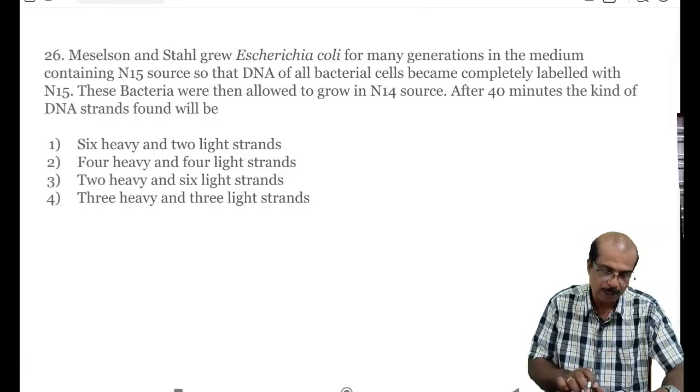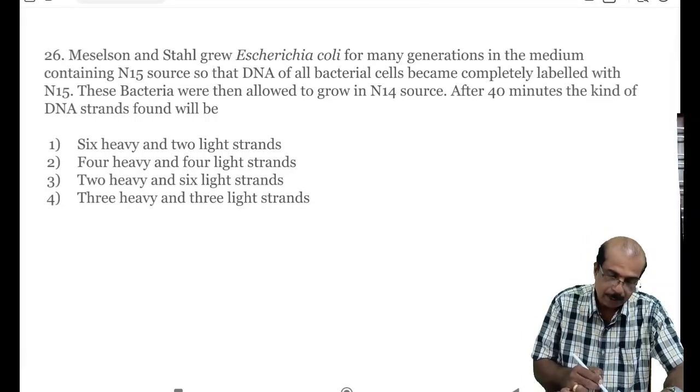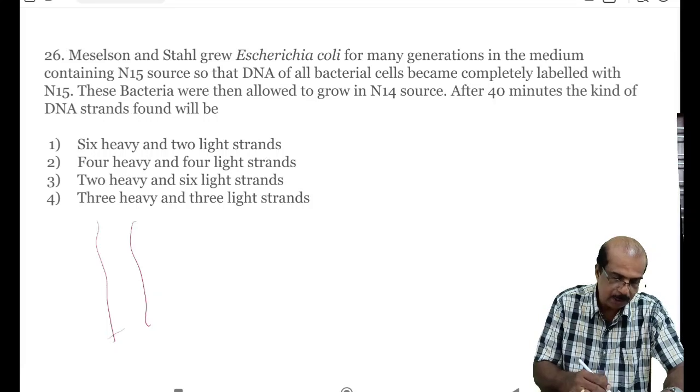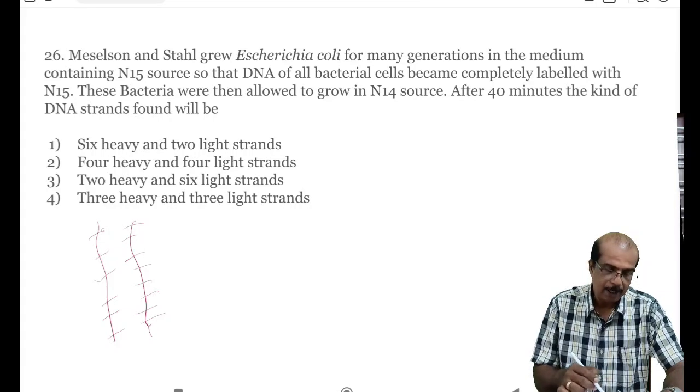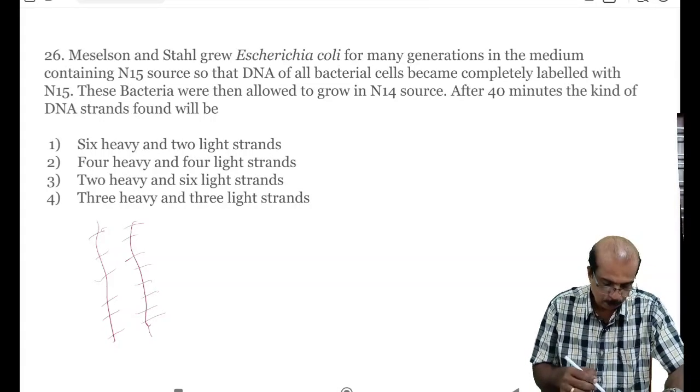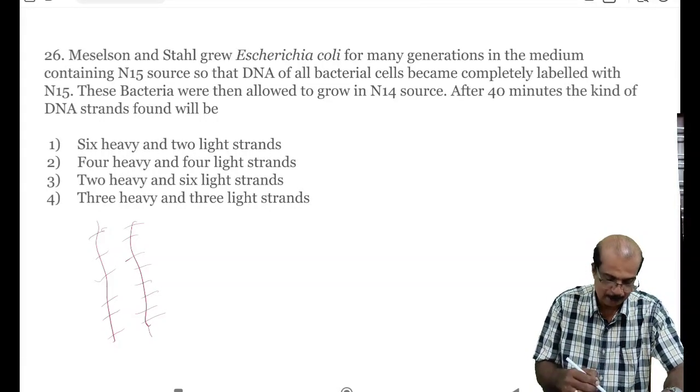Meselson and Stahl grew Escherichia coli for many generations in the medium containing N15 nitrogen source. So initially the DNA in Escherichia coli will have two heavy strands. This is also N15, this is also N15, two strands.